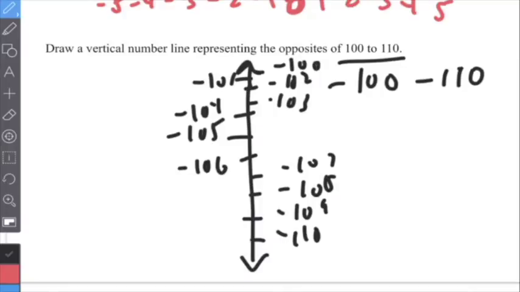Sorry, it's a little sloppy. But you're going to have to dot each one because they're all included in the data set. The main thing you need to know is that -110 is going to be at the bottom, because it's the smallest of the numbers.